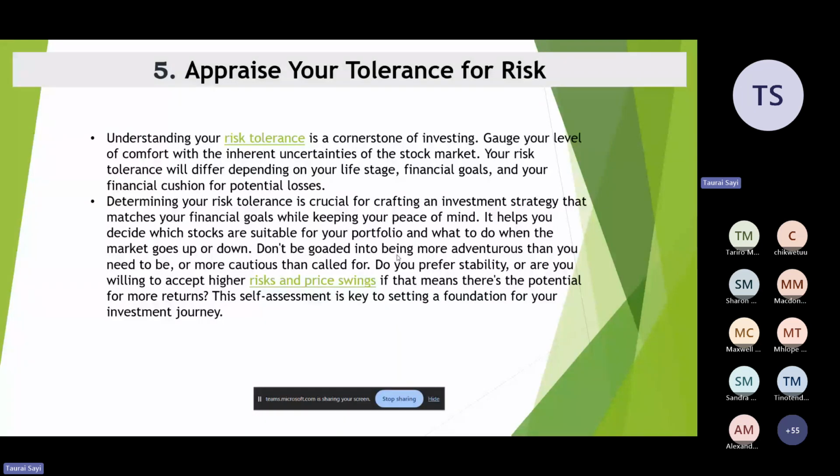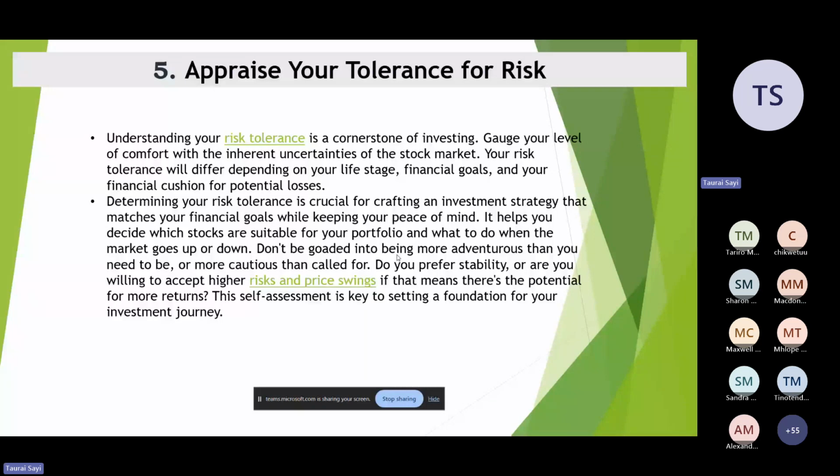Basically, when we speak about a portfolio, these are the shares that you have accumulated, that you are holding as an individual or as an entity. So when there are 3 or 4, it becomes a portfolio. When they come to 7, 5, 6, they become a portfolio. And what to do when the market goes up or down?